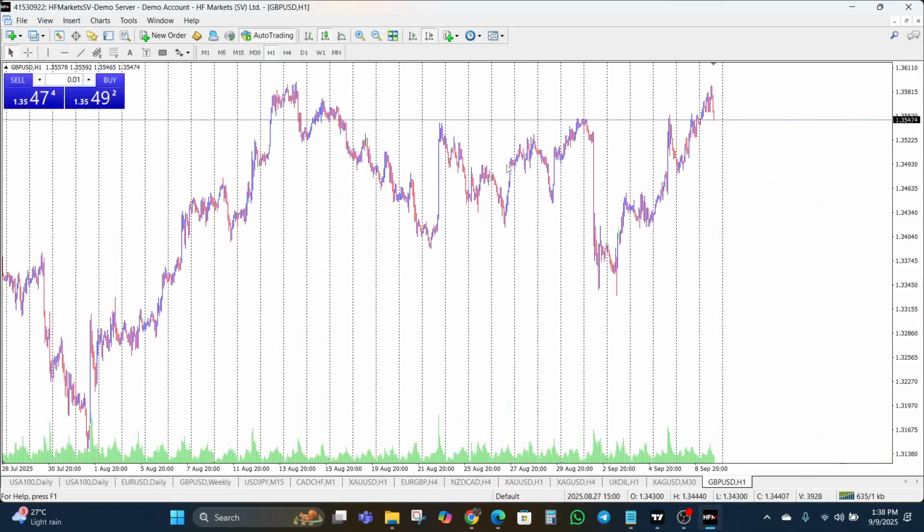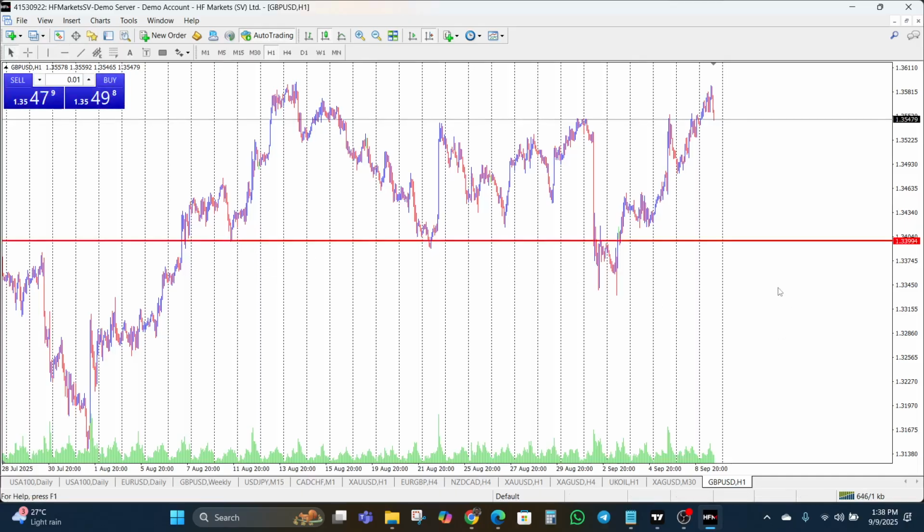Think of it as a test. The market pushes price to areas where many orders are clustered.